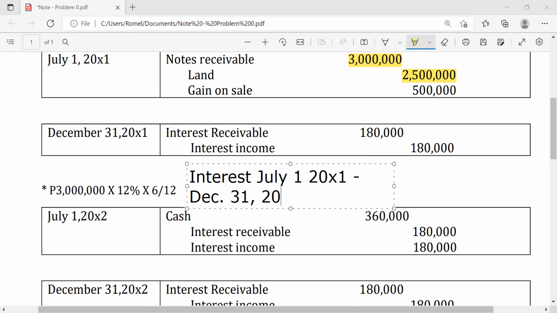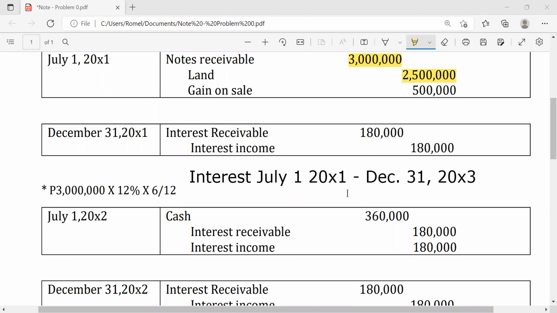So how many months yan? From July 1 to December 31, 20X1. Diba? 6 months. So what we will do is 3 million pesos times 12% times 6/12 equals 180,000 pesos.